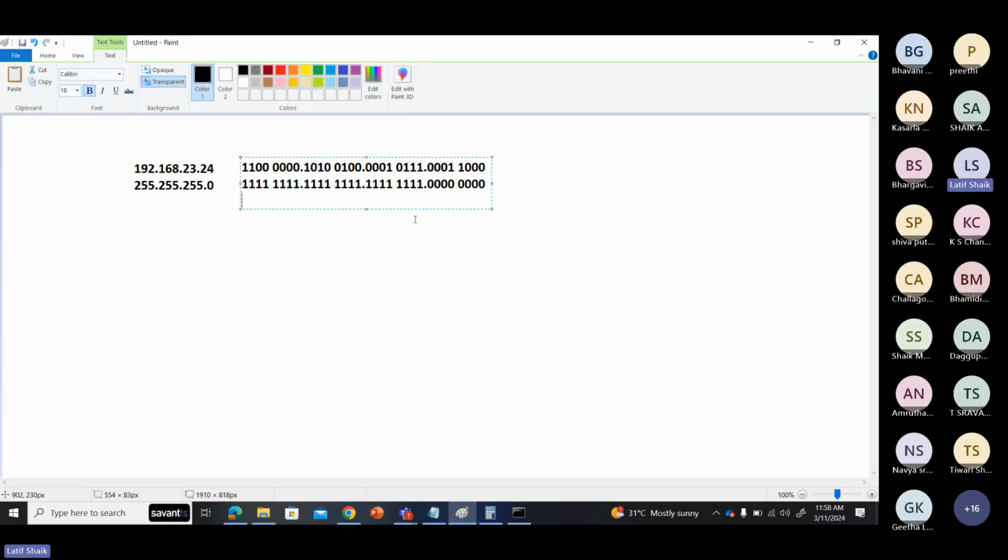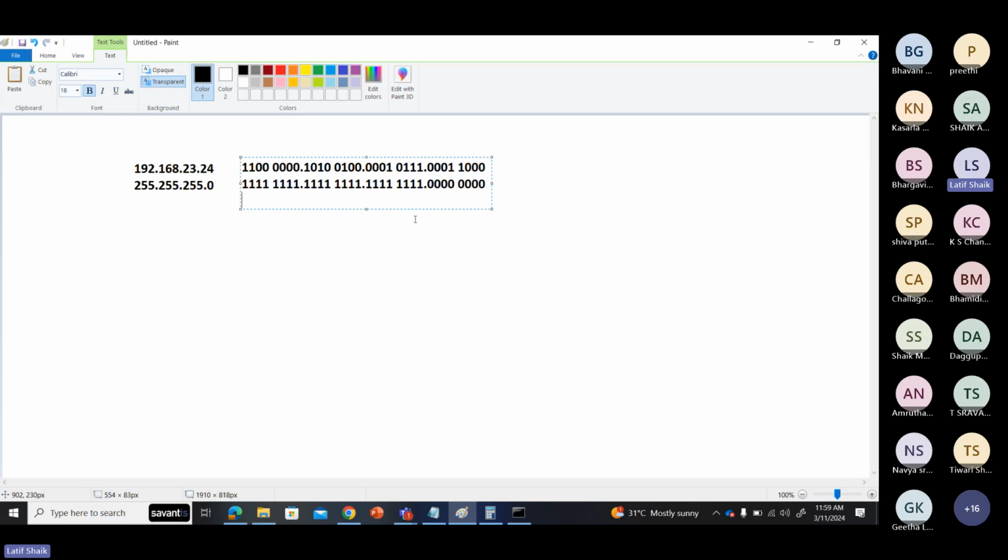Okay, so this is our subnet mask. So how will it calculate the AND operation? What is an AND operation, guys? If both inputs are 1, the output is 1. If any input is 0, the output is 0. 1 0 or 0 1 or 0 0 is 0 only. So based on that, we have to calculate. First of all, we take this 1 and this 1.